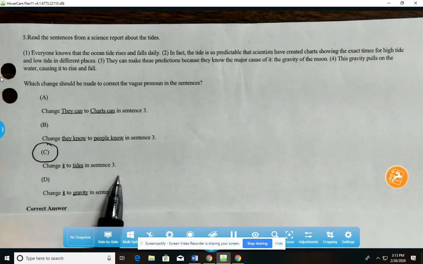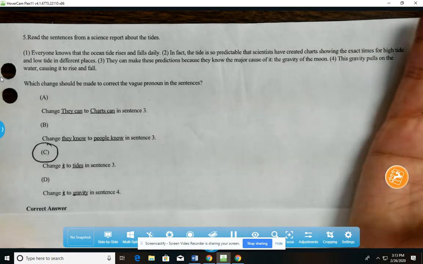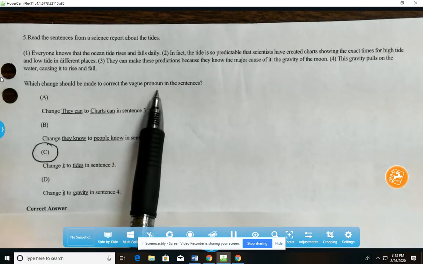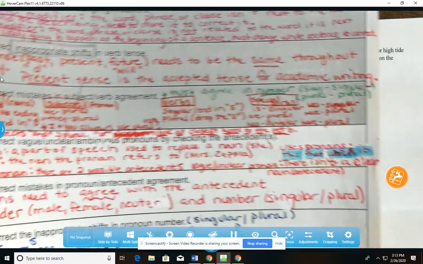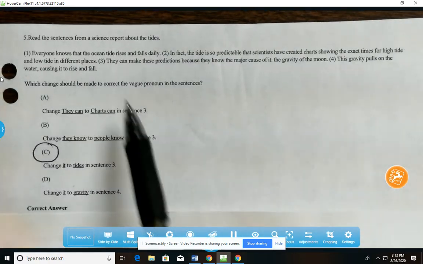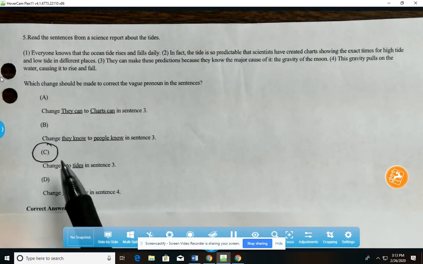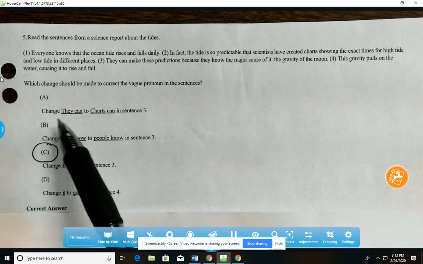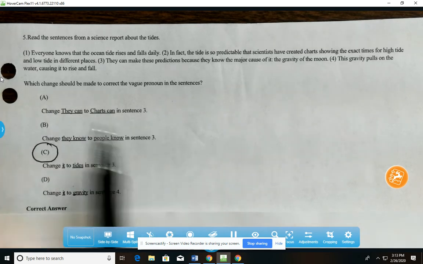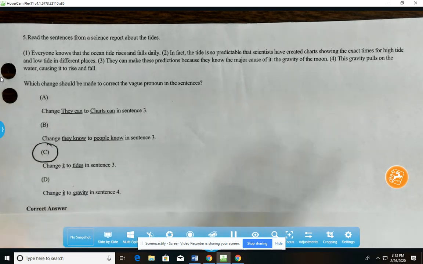And let's look at why. Now, I'm not going to say that every time the vague pronoun is going to be one of those words, this, that, which, and it. But I am going to say that within the 4 scenarios, there's only 2 options that change from a pronoun it to an actual noun. Whereas the 2 up here, A and B, are looking at the word they, which tends not to be vague.